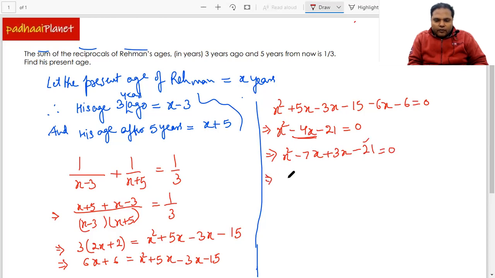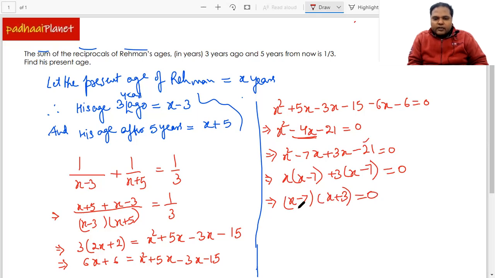So finally what we get is x minus 7 plus 3 and then x minus 7, that's equal to 0. And finally what we get is x minus 7 and x plus 3.